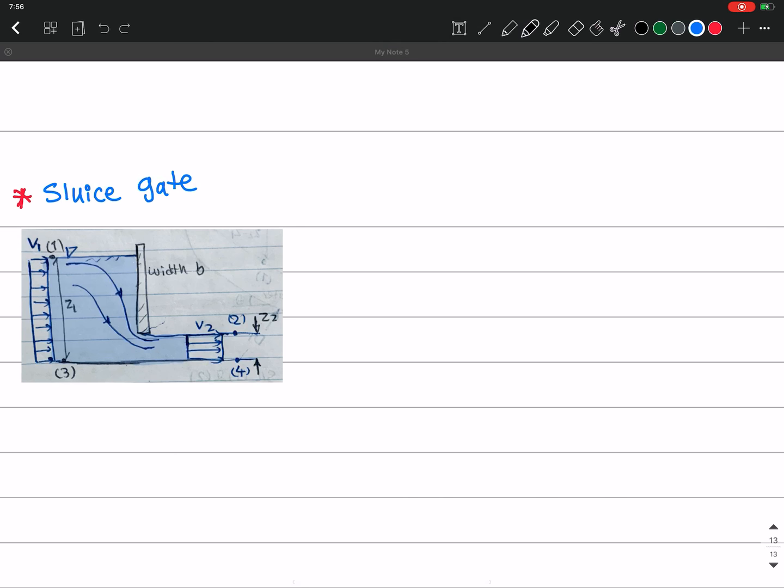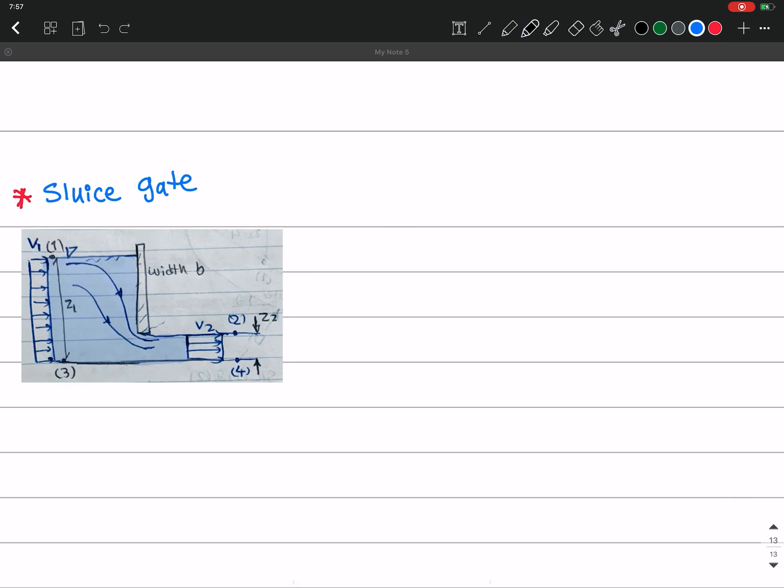And now what I want to do is use this Bernoulli equation to find the flow rate at the downstream. Okay, so what's going to be the flow rate at the downstream as a function of Z1 and Z2, right? And also the width of this channel, right?